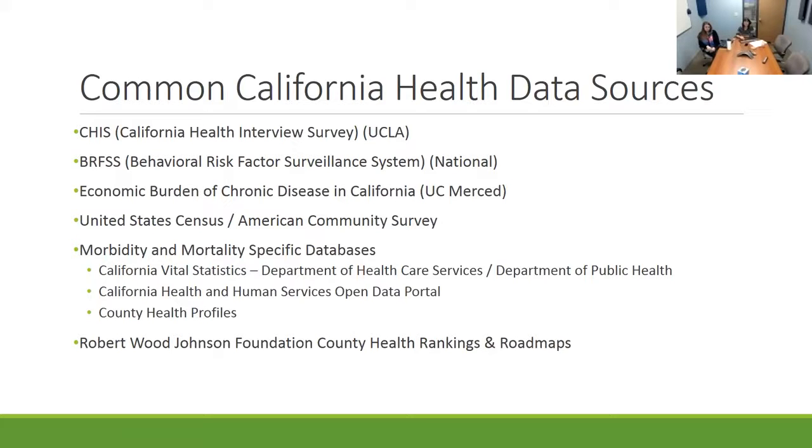There are also several morbidity and mortality specific databases. There's lots of free vital statistics available from the Department of Healthcare Services and the California Department of Public Health. The California Health and Human Services Open Data Portal has a wealth of data set information ready for you to use, as well as county health profiles and the Robert Wood Johnson Foundation County Health Rankings and Roadmaps. We know that many of you are familiar with those.